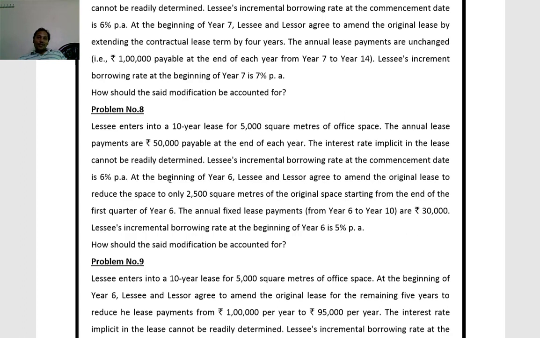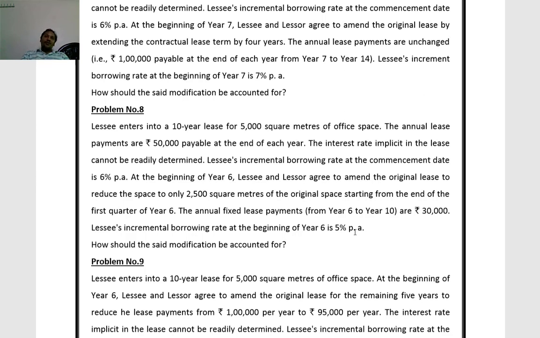Incremental borrowing rate is 6% per annum initially, and after completion of 5 years, that is at the beginning of 6th year, both lessor and lessee agree to amend the lease space to only 2,500 square meters. So from 5,000 to 2,500 square meters they are reducing. Annual lease payments are fixed at 30,000. Then the lessee's incremental borrowing rate is 5%. How should the said modification be accounted for?